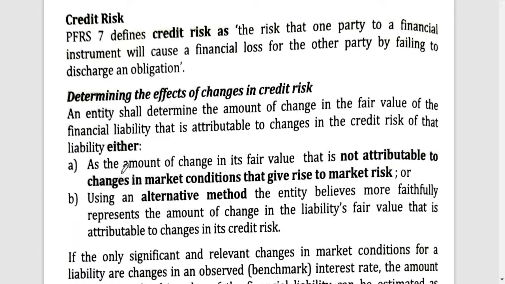So according to PFRS 7, credit risk is the risk that one party to a financial instrument will cause a financial loss for the other party by failing to discharge an obligation.